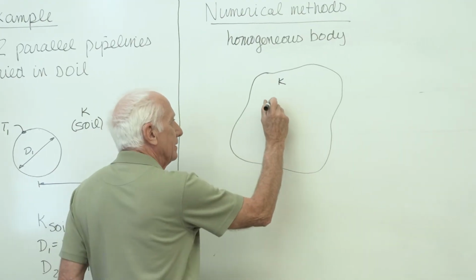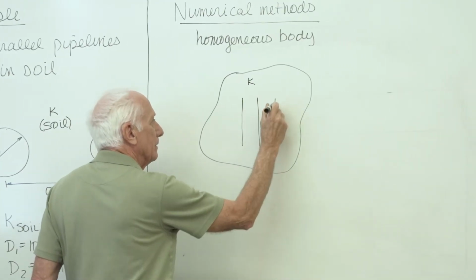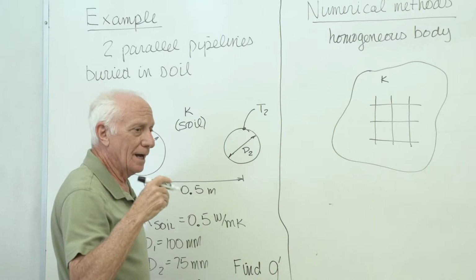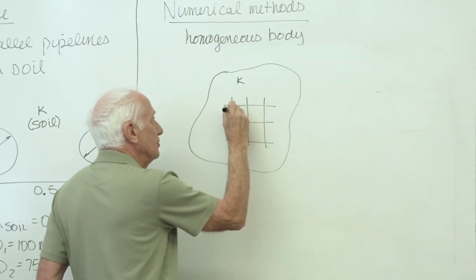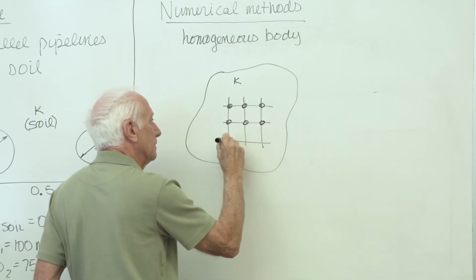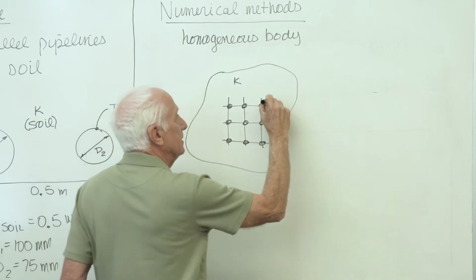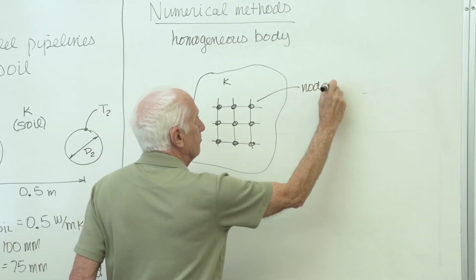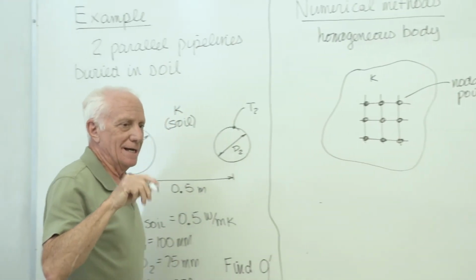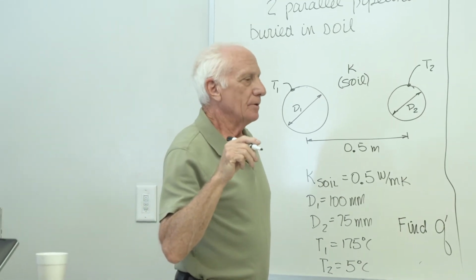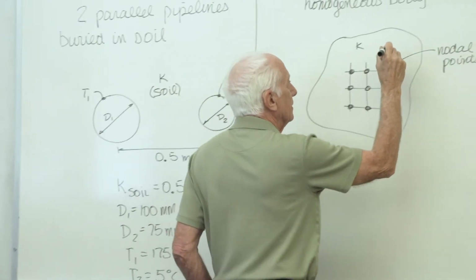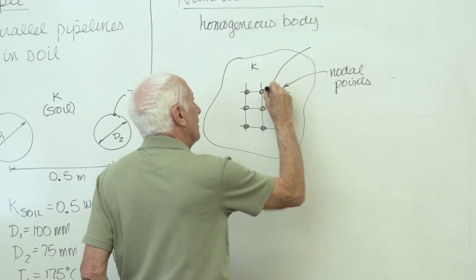Now, the grid, I'll just draw one here. No longer is the body homogeneous. Now we're assuming that the mass is lumped at these nodal points. So here's the nodal points. So these are nodal points. Every node has a temperature. The nodes exchange energy with their neighbors through what we call heat conducting rods. So this is a heat conducting rod.